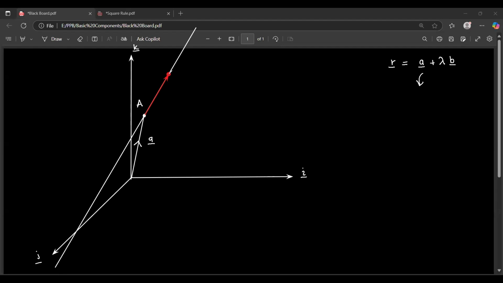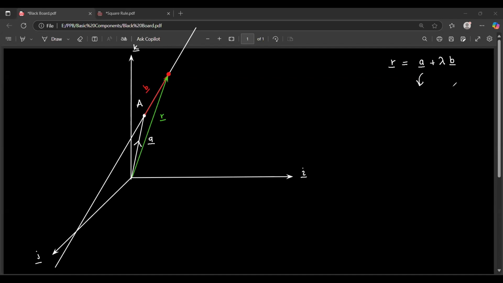This specific point can be represented by using these two vectors, and that gives rise to a new position vector, which in this case is R. And this red vector, the direction vector that we used, is the B here.